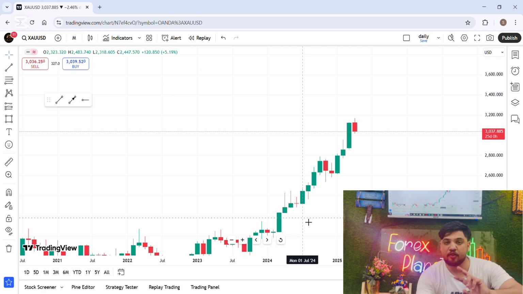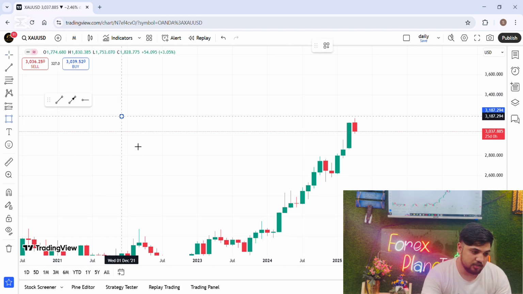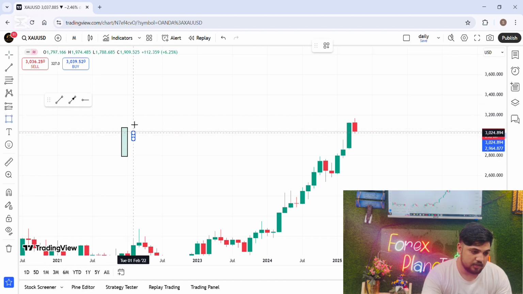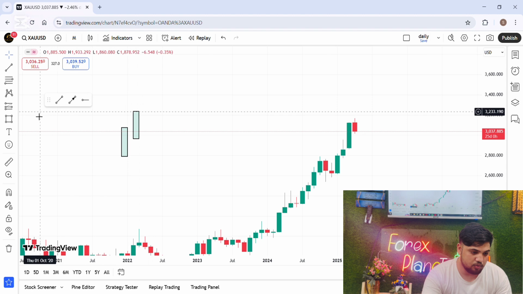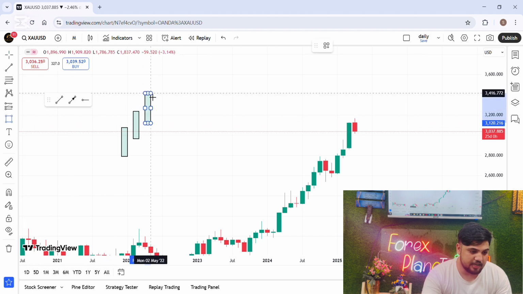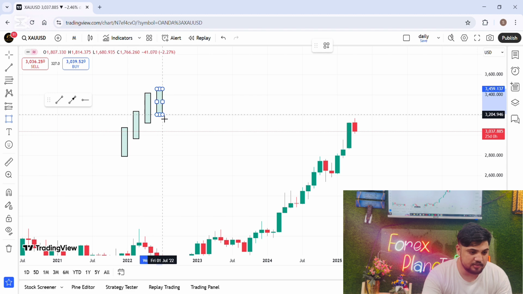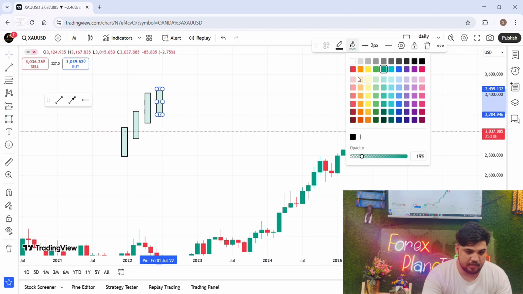Let's suppose scenario number 2 in the three soldier candles. Suppose this is candle number 1, this is candle number 2, and this is candle number 3. Suppose the fourth candle is a red one.